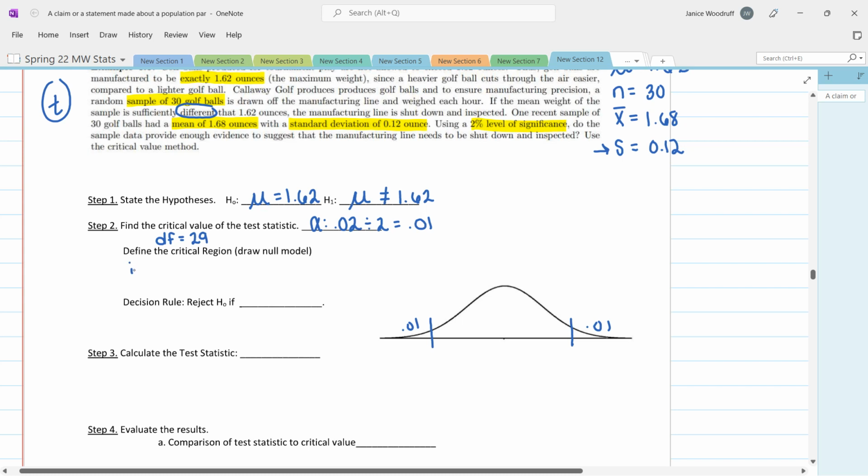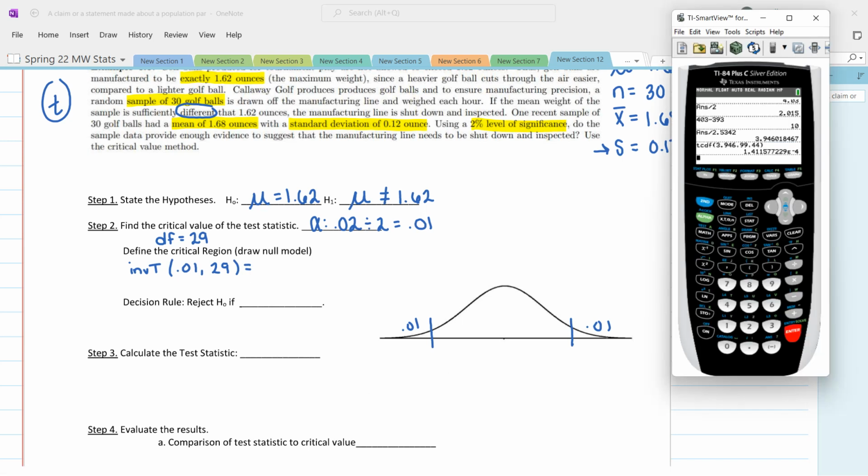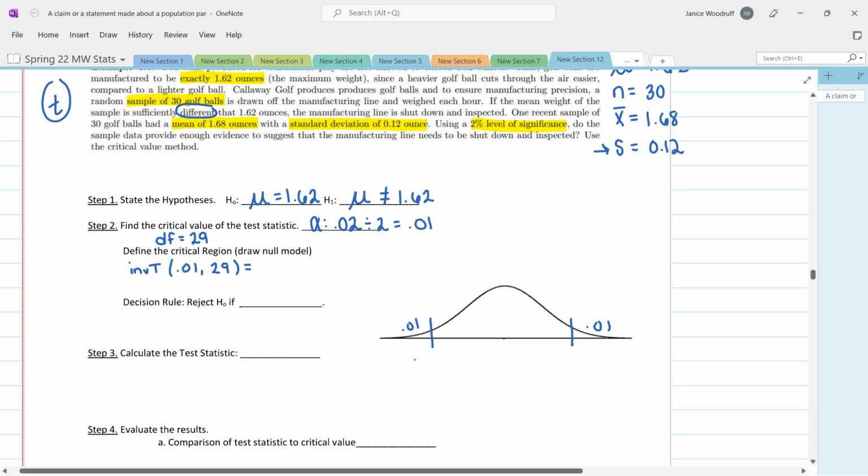Okay, so we'll go inverse t, 0.01, 29. Let's see what that gives us for a t-value. So negative 2.462, that'll be the one on the left, and positive 2.462.